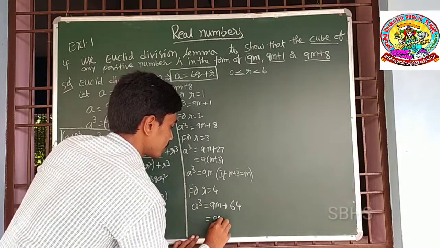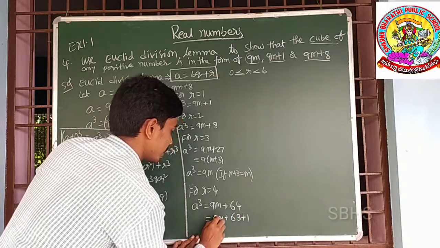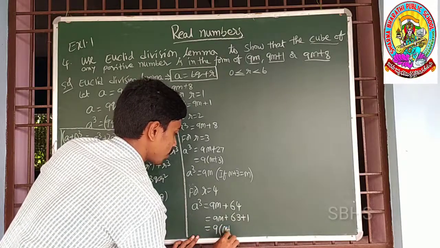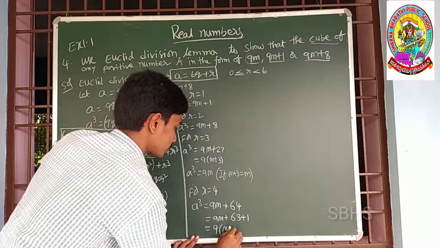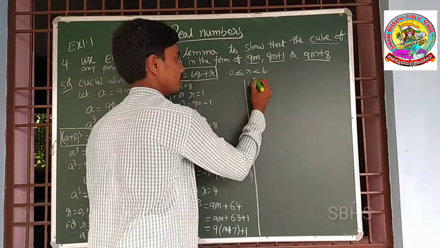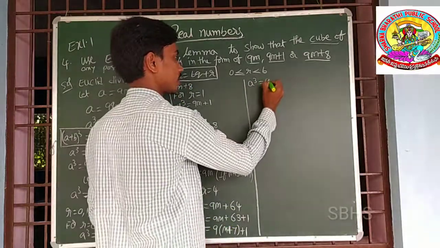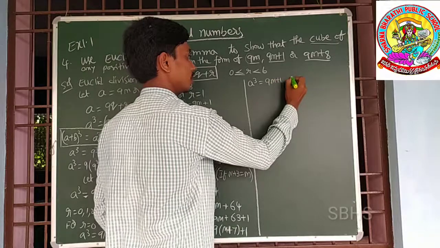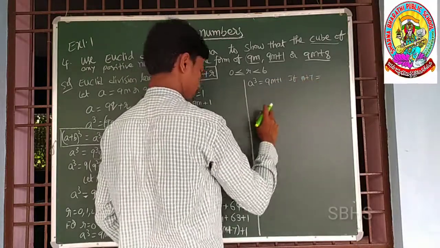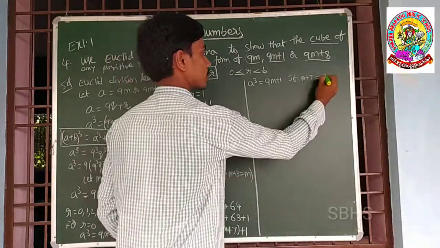Try to write 64 in the form of 63 plus 1. Take 9 as common, 9 into m plus, how many times gives 63? 7, plus 1. Now if m plus 7 is equal to m, that is in the form of 9m plus 1.